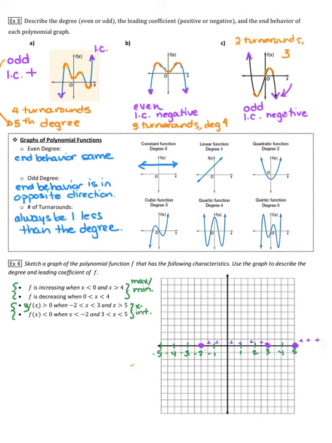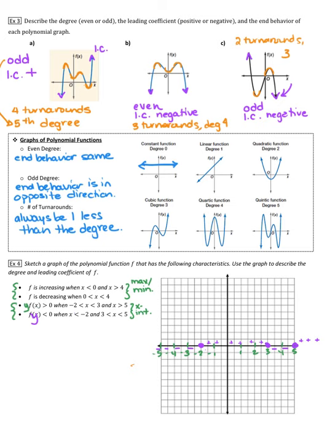Then it says y is less than 0, meaning the values will be underneath the x-axis for anything before -2. So these are all going to be minuses, and between 3 and 5. Now all that tells me is whether the graph is above or below. I don't know where I'm increasing or decreasing yet.